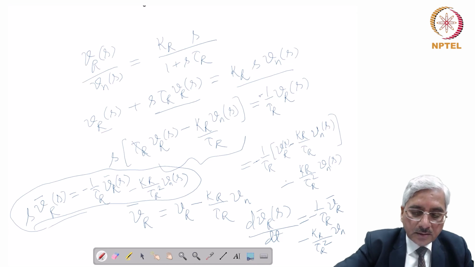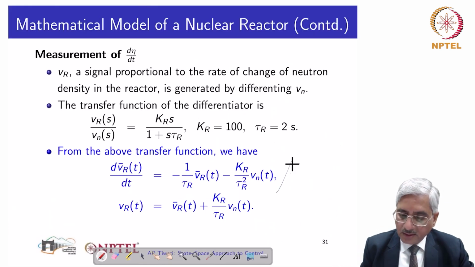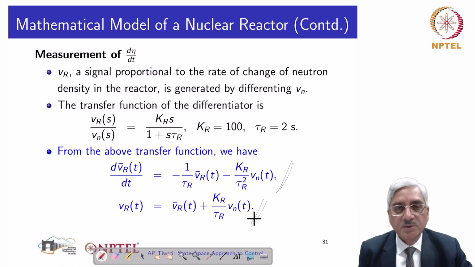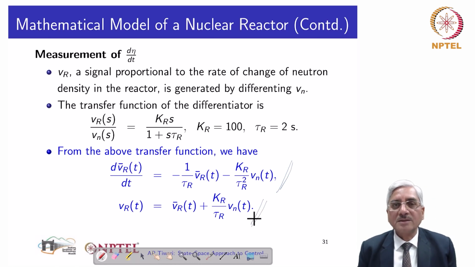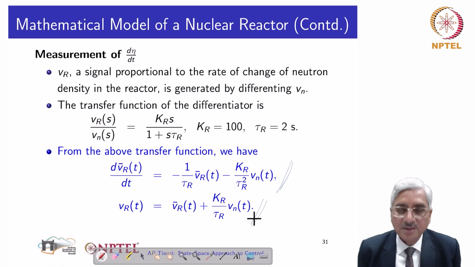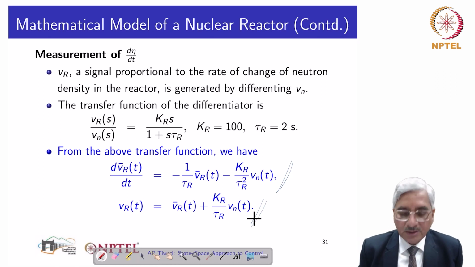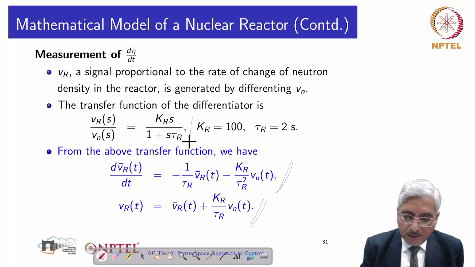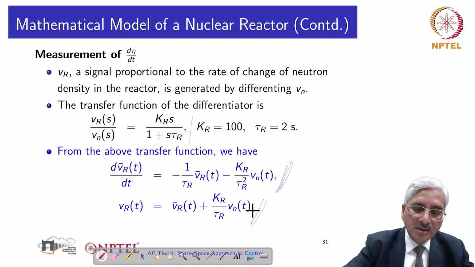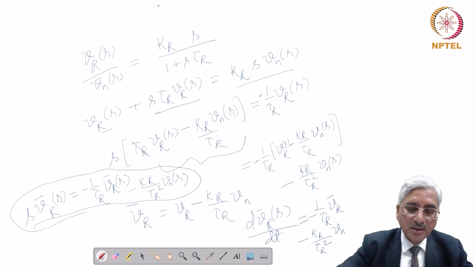And this is the relationship here, and this relationship was the other relationship. So utilizing the well-known methods of converting a transfer function to a state equation, this has been converted to this state equation and this form. So thereby we got a state equation characterizing the dN by dt.